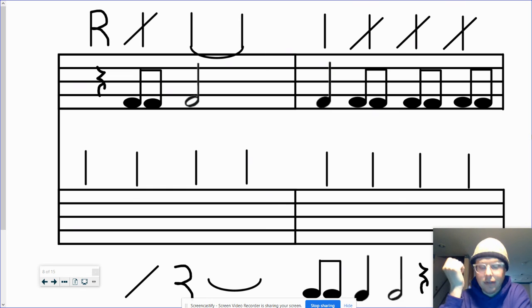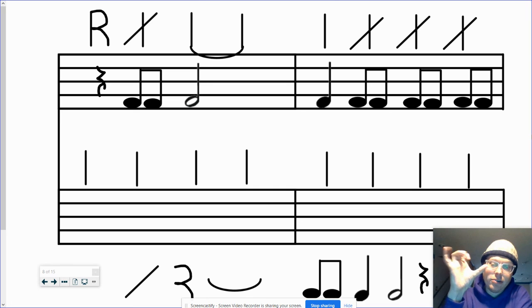Here we go. So there is a silence at the end of it. Okay, here's the second measure, just the second measure alone. Here we go.